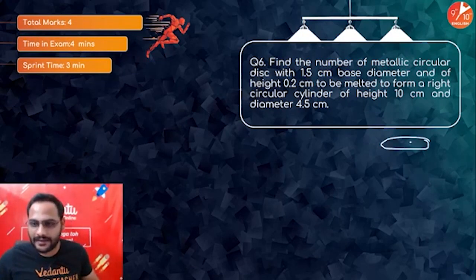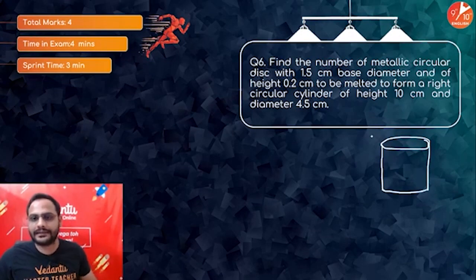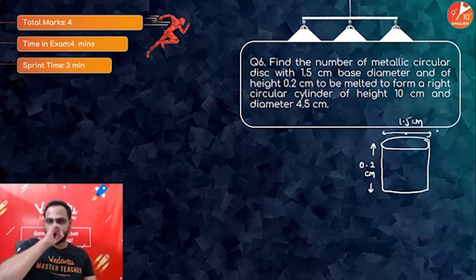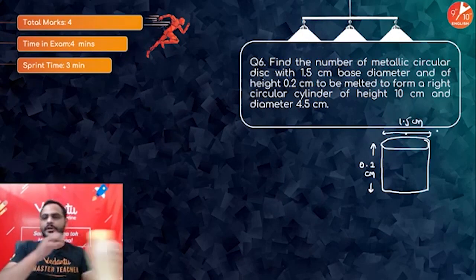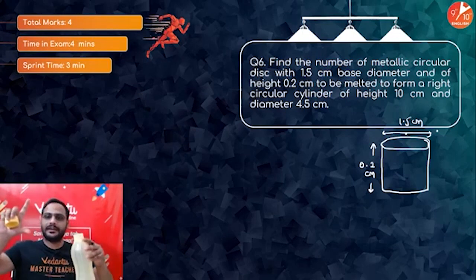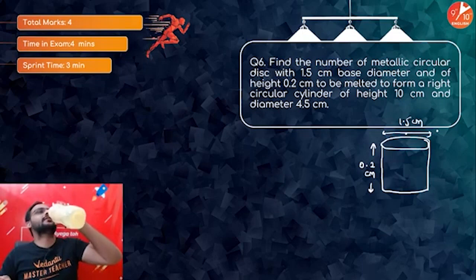If we have a disc which has some height, it is a cylinder. Height is 0.2 centimeter and diameter is 1.5 centimeter. How many of these should be melted to form a right circular cylinder of height 10 centimeter and diameter 4.5 centimeter?